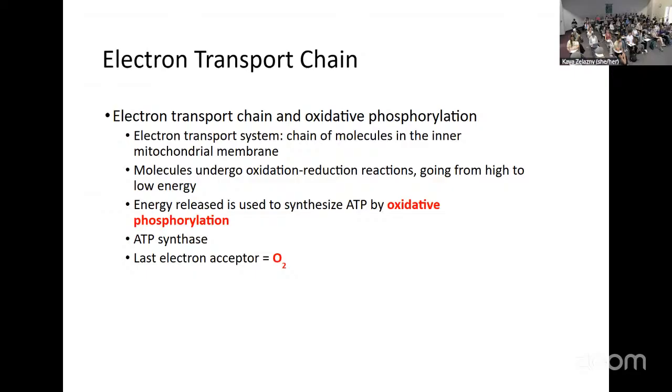ATP, which is what we want at the end of our cellular respiration, has three phosphate groups. So we phosphorylate it. This step is oxidative phosphorylation because we're using these oxidation reduction reactions. We had substrate level phosphorylation in our earlier steps.